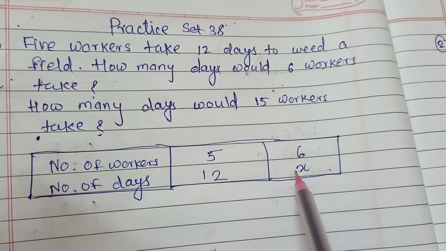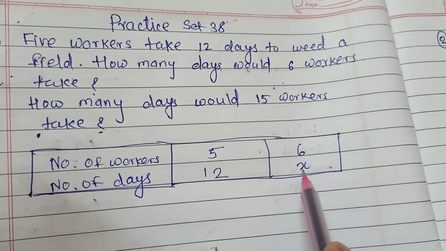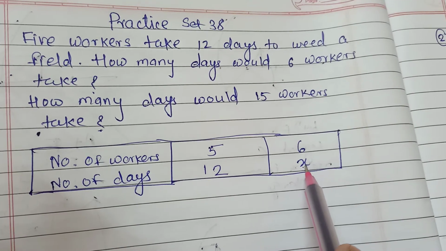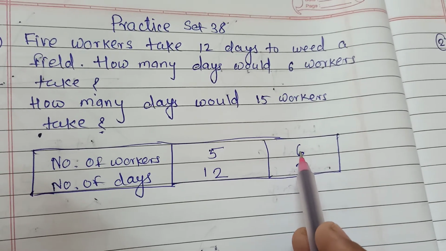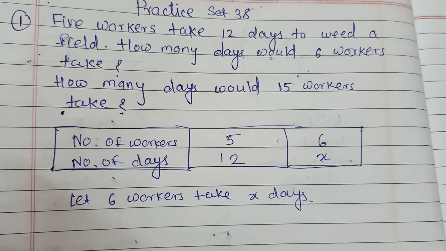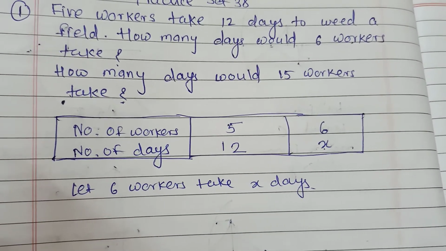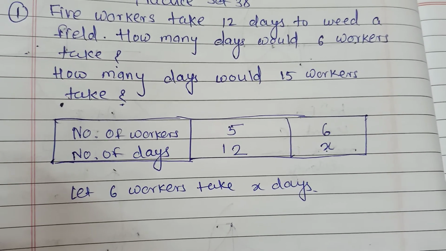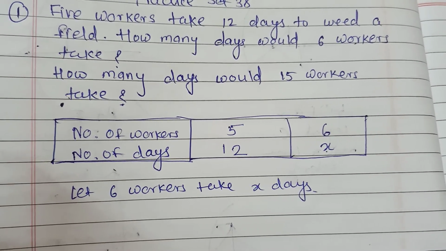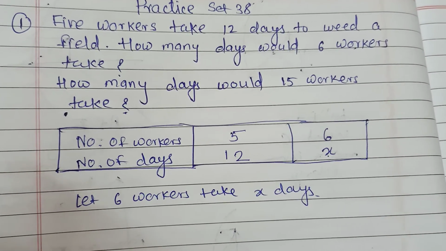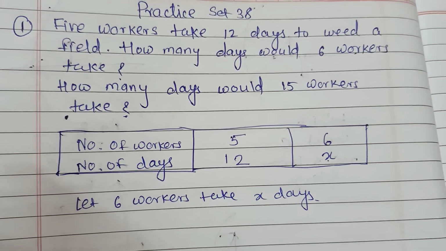Now we have considered x for the number of days taken by the 6 workers. So first we'll mention that. Let 6 workers take x days. Now we have to find out which type of proportion the question is showing. It is a direct proportion or the inverse proportion.